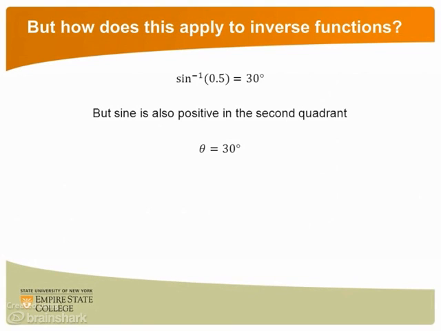This means we need to find the second quadrant angle whose reference angle, theta prime, is 30 degrees. To find it, we subtract the 30 degrees that is our reference angle from 180 degrees, and find that the inverse sine of 0.5 could also equal 150 degrees.